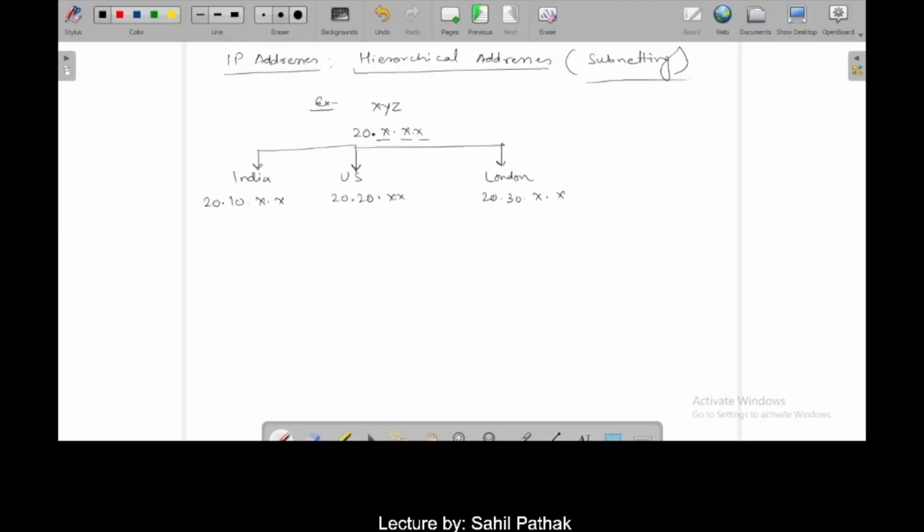Further, the India office has different departments: the sales department, the marketing department, and the production department.